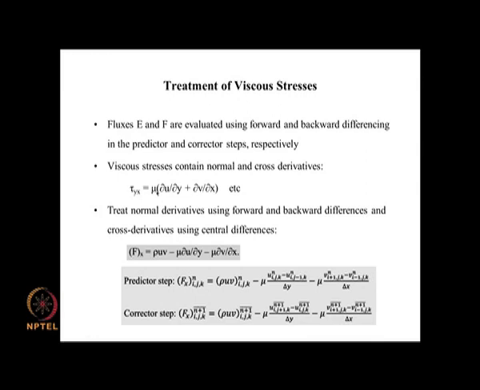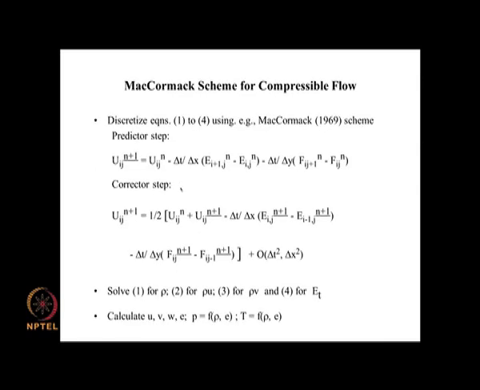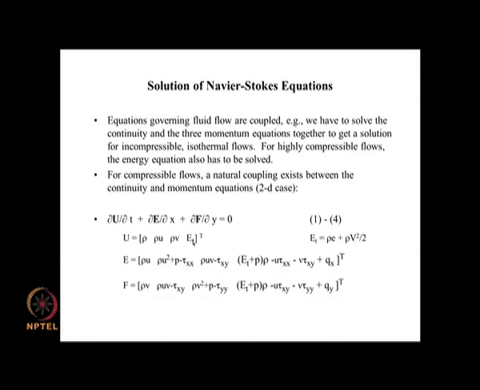If you take tau x y, this is mu times dou u by dou x plus dou v by dou y plus dou u by dou y plus dou v by dou x. Okay, so now if you look at this equation here, you have dou by dou x of E, and if you look at this one here, this E has a component tau xx, and similarly it has tau xy here.